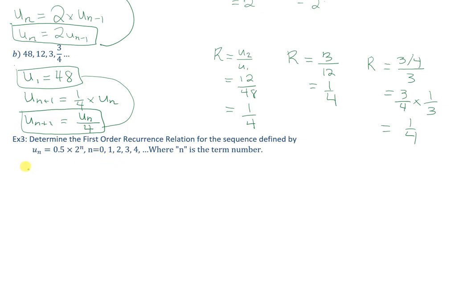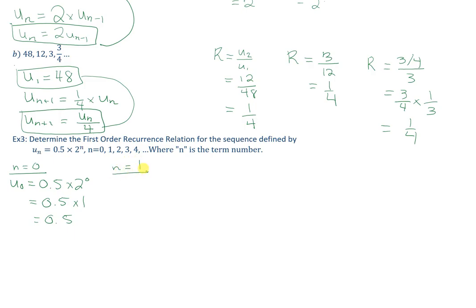So this is substitution. If I set n equal to 0, I would get u0 is equal to 0.5 times 2 to the 0. If you remember your index laws, anything to the power of 0 is 1, and anything times 1 is itself. So the first term is half, 0.5.